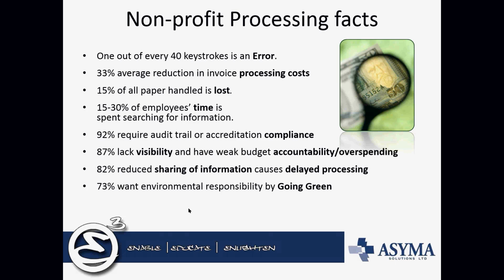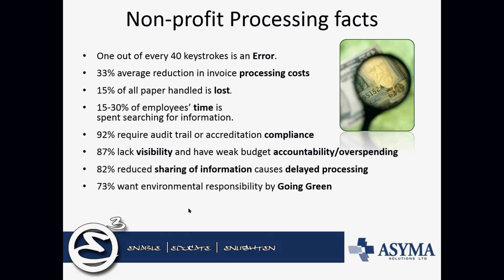The next one, 82% say if they could actually share the information, it would reduce the amount of delays in processing. This is costing us time and money, partly in that processing cost up above with the invoices, but we just want to speed this up so it doesn't slow us down for the approvals, so we can move the information much, much faster through our organizations.